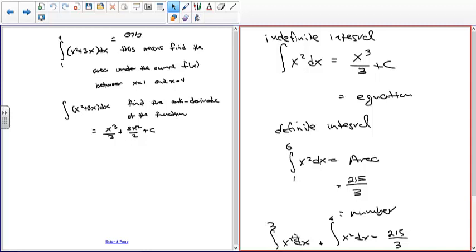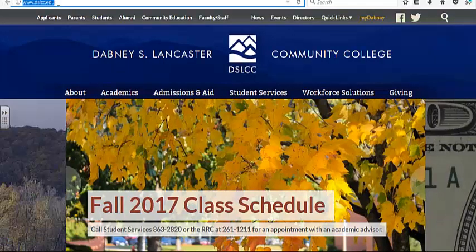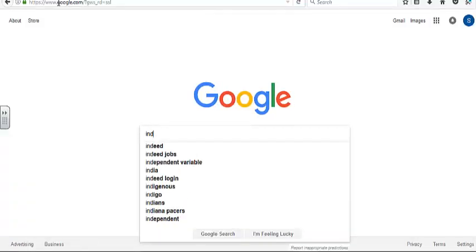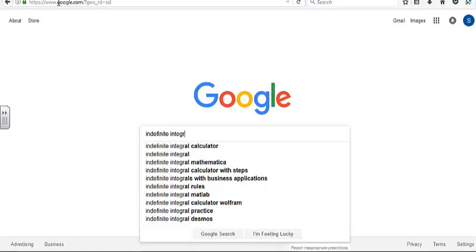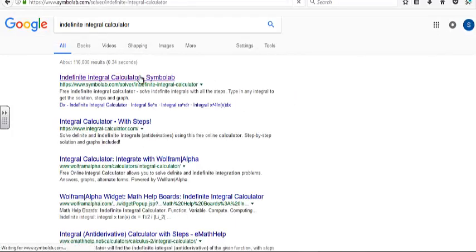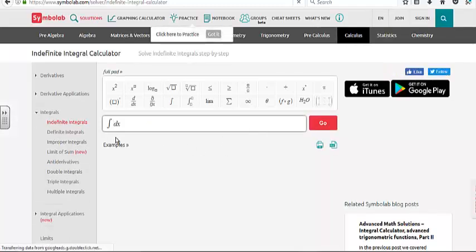And if you actually go online and search using those two terms, so if you put in indefinite integral calculator, what you'll end up with is something like this.